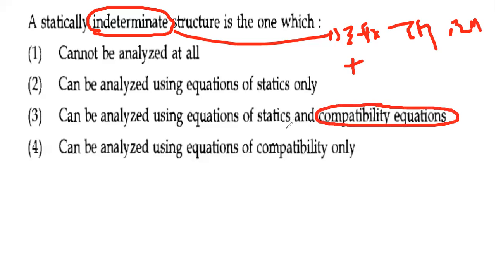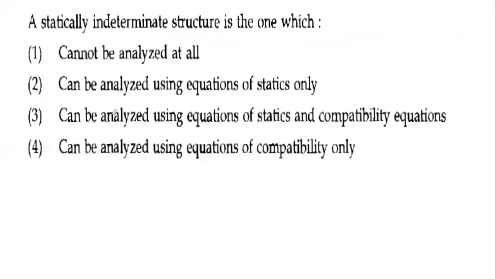Using these two sets of equations, we find all the unknowns for this statically indeterminate structure. So option 3 is the answer for this MCQ. Statically indeterminate structure can be analyzed using equations of statics as well as equations of compatibility.